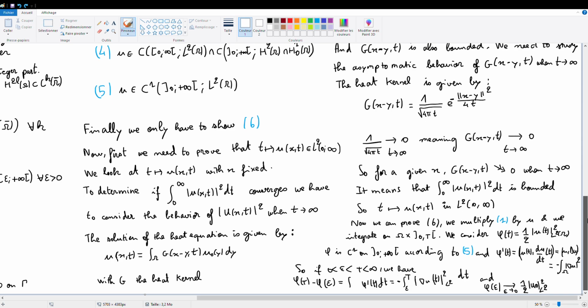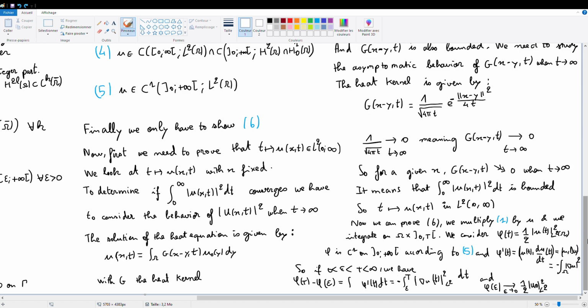So for a given x, our function g is rapidly decreasing to 0 when t goes to infinity. It means that our integral is bounded, so t giving u(x,t) is in L2(0, infinity) because of uniform convergence. Now we can prove 6.